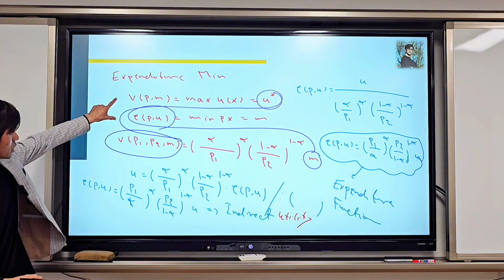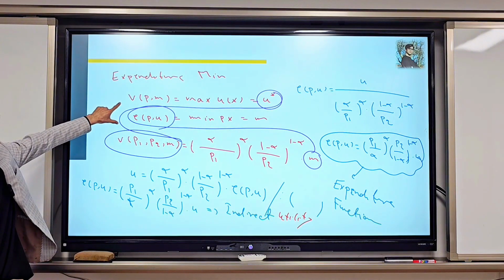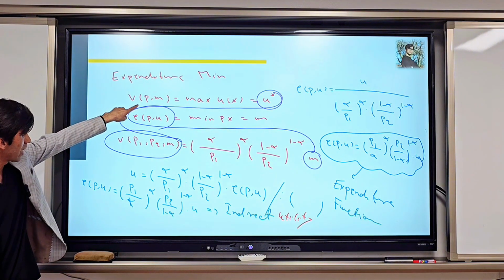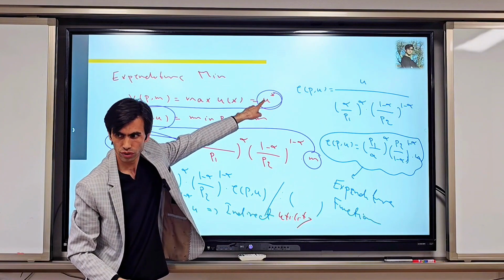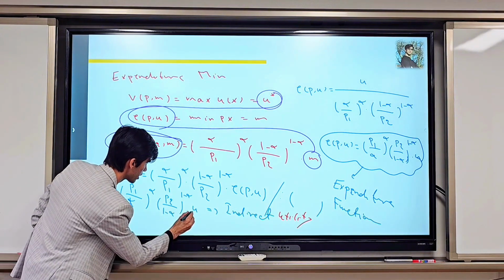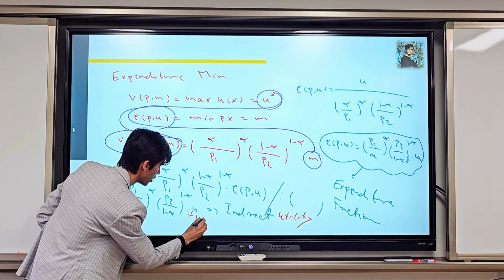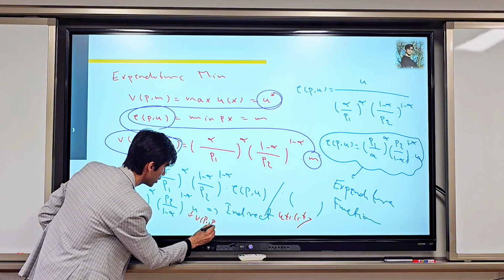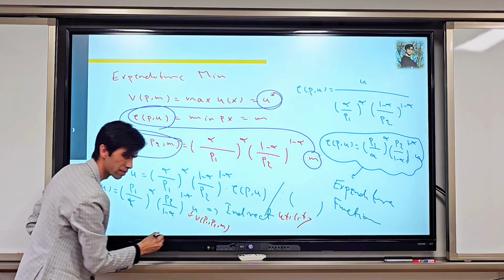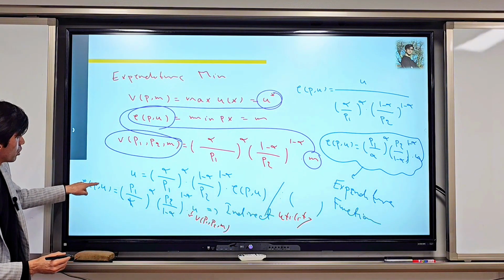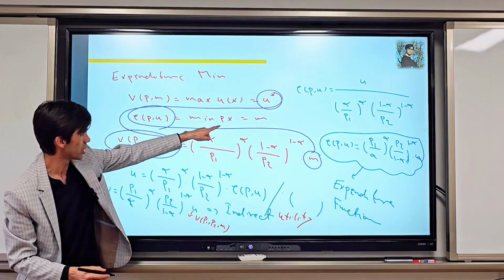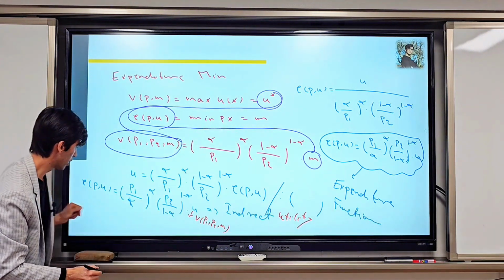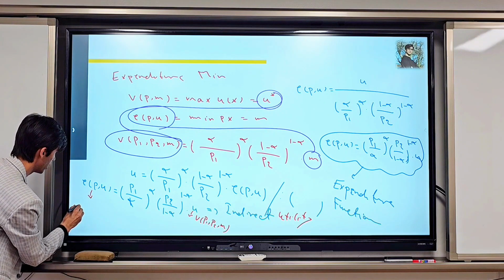So we will use this duality condition. Our V(P,M) was equal to U. Just write down V(P1, P2, M) instead of U. Our E(P,U), based on this duality condition, is equal to M. Then write down M instead of E(P,U).